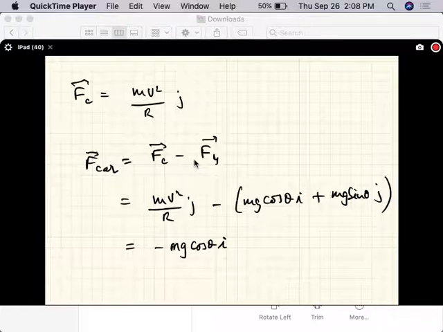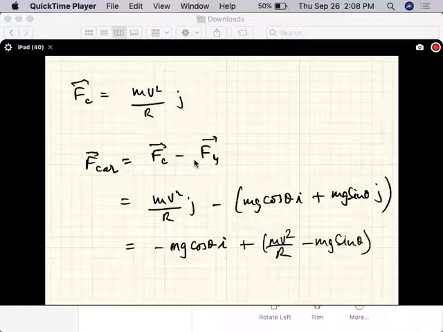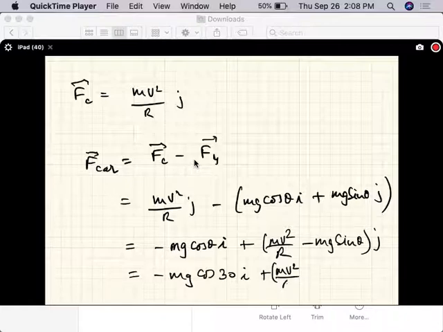So this is equal to minus mg cosine 30 i plus (mv squared by r minus mg sine 30) j.